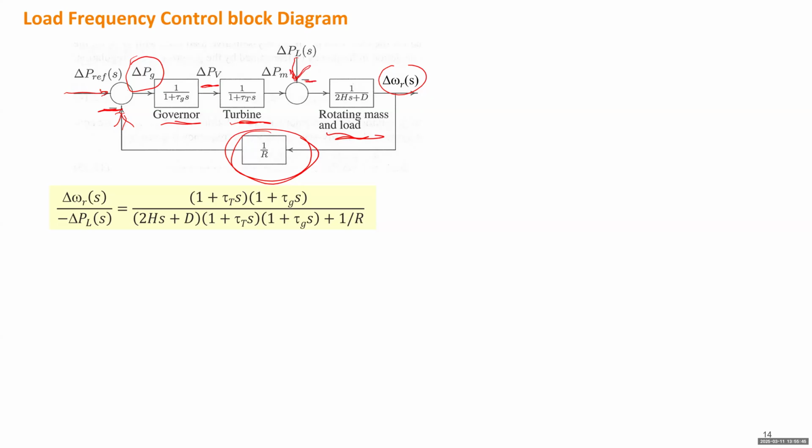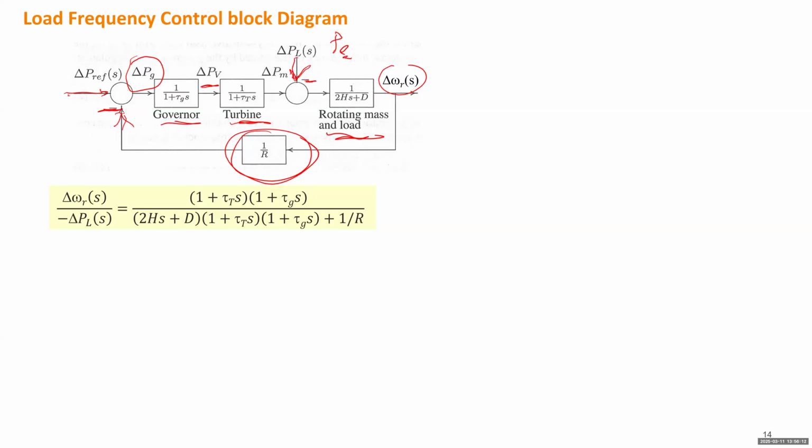Why is there a negative sign? Because we need to compare it against the mechanical power change. In the swing equation, the power to accelerate the rotor is PM minus PL, the mechanical power minus the load power. So PL here is like the PE in the earlier section, which is power from the grid side.